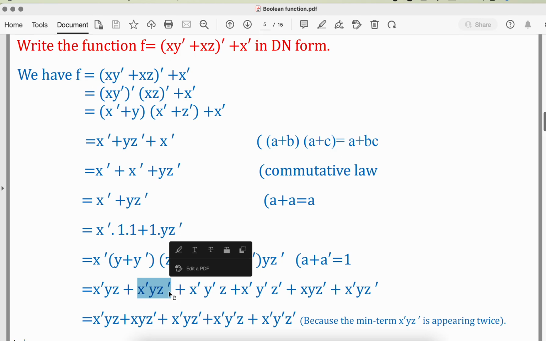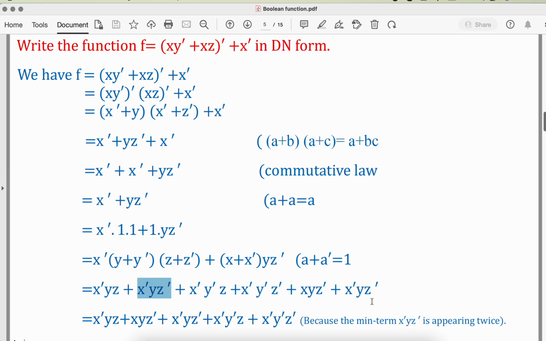Also we are applying commutativity here. To rearrange the terms, I have written x dash yz, then I have written this term x y z dash here. Then x dash y z dash, this term, then x dash y dash z, this term here, and then x dash y dash z dash.